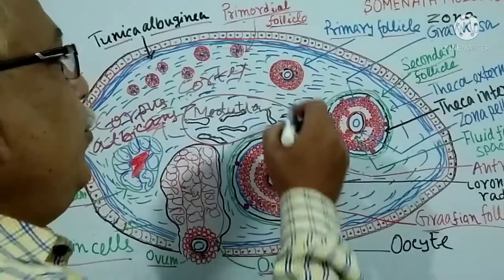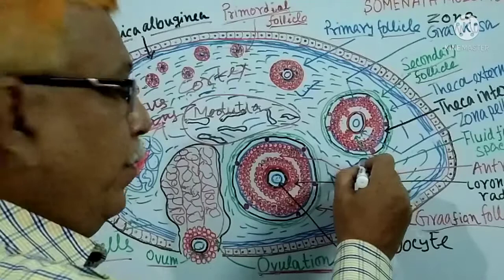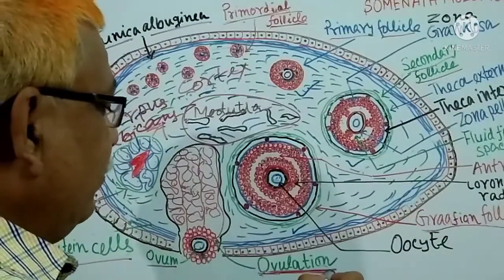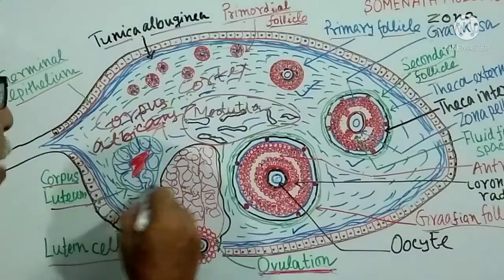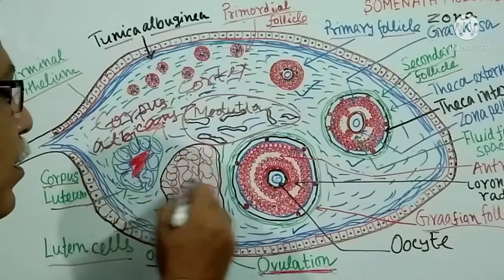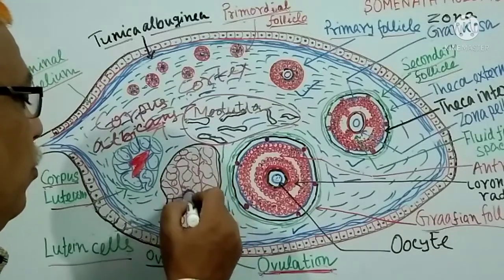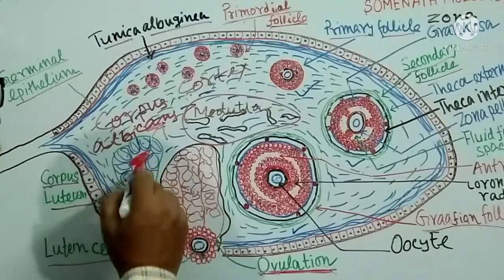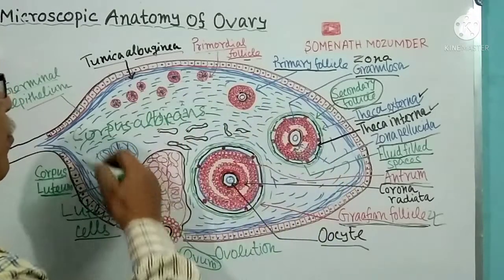So this is primary follicle, this is secondary follicle, this is Graafian follicle, ovulation, release of ovum, and this is Corpus luteum, granulosa cells of Graafian follicle transformed into, after ovulation, Corpus luteum. This is Corpus luteum. So this is histological structure of ovary.